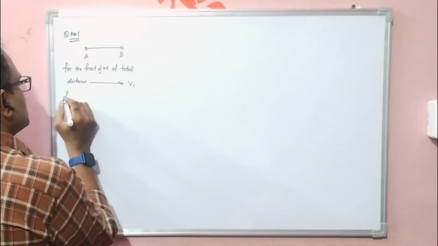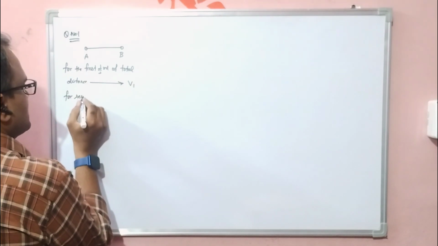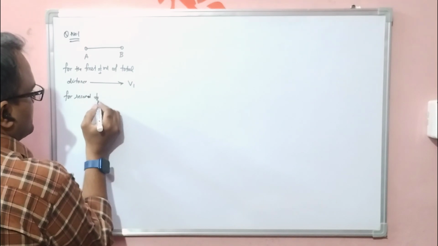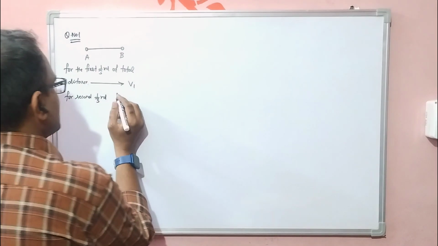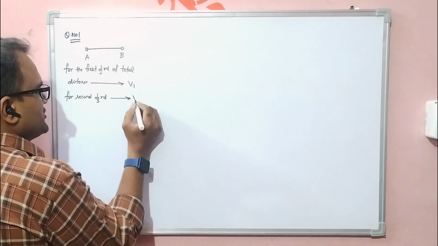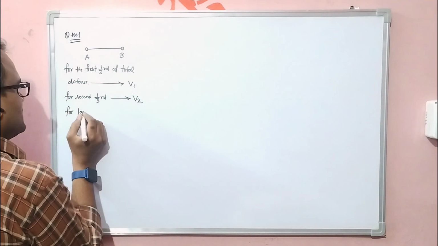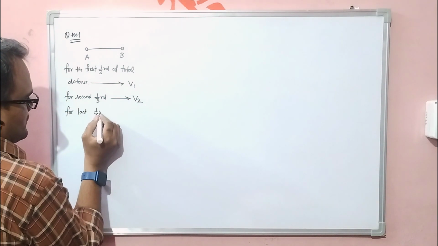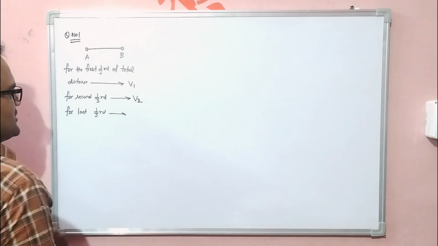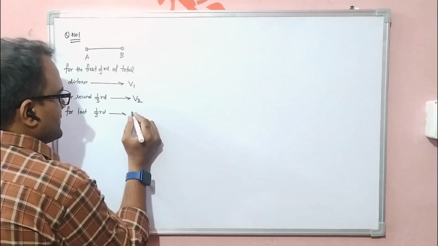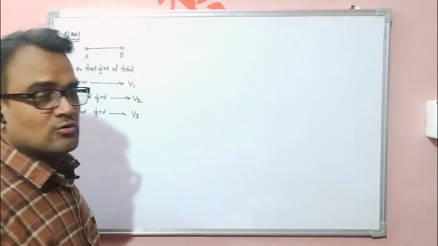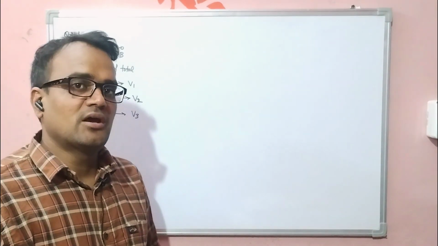Similarly, for the second 1/3 of total distance the object moves with speed v2, and for the last 1/3 of total distance the object moves with speed v3. And the question is the same, we have to find out the average speed.